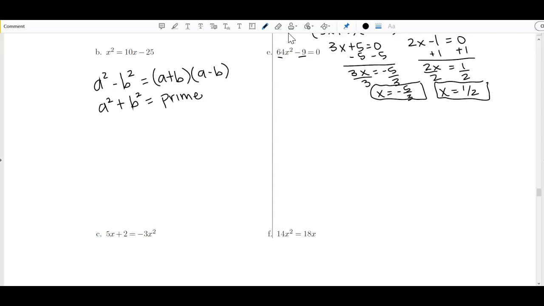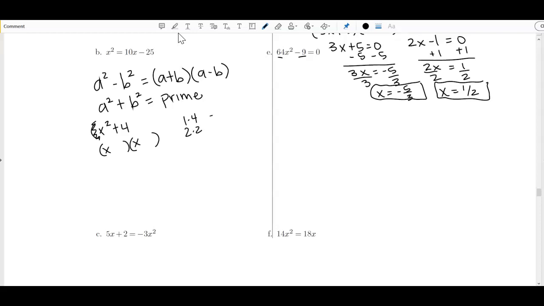If I just have x squared plus 4 and I'm trying to factor that, then we'd say, okay, x times x is my x squared, but then I'm thinking what times what is 4 that adds to be 0? There's no possible thing we can come up with, because to get 4 we have 1 times 4 or 2 times 2.